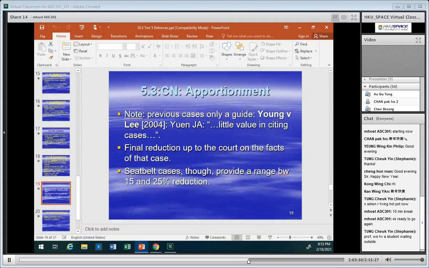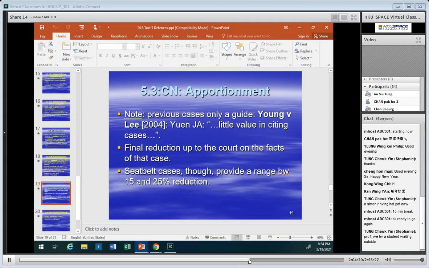Also, before we have our second break, I've given you this new PowerPoint about the previous cases only being a guide, and that's from the case of Young and Lee on page 137.